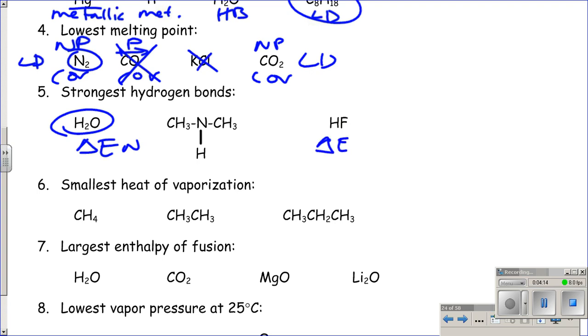All of them have a large electronegativity difference, right? Hydrofluoric acid, H2O with the O and the H, and the N and the H right here. Some of them are bigger than others, yes. This one actually has 3 lone pairs on it. This one has 2. But water is always one of the largest strengths in terms of hydrogen bonding, so we tend to choose that one over any of the other forms of bond.